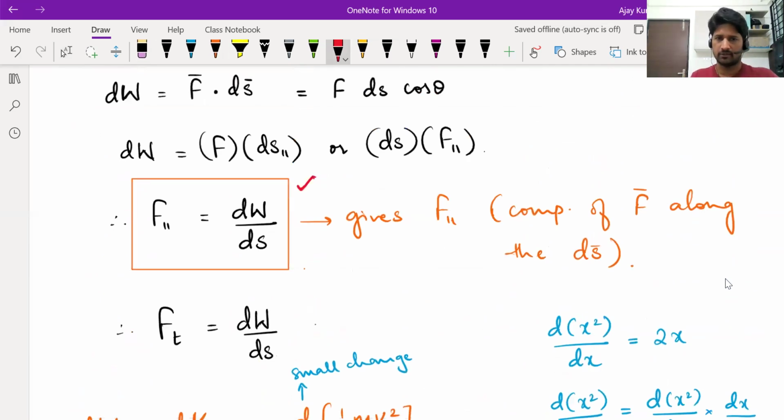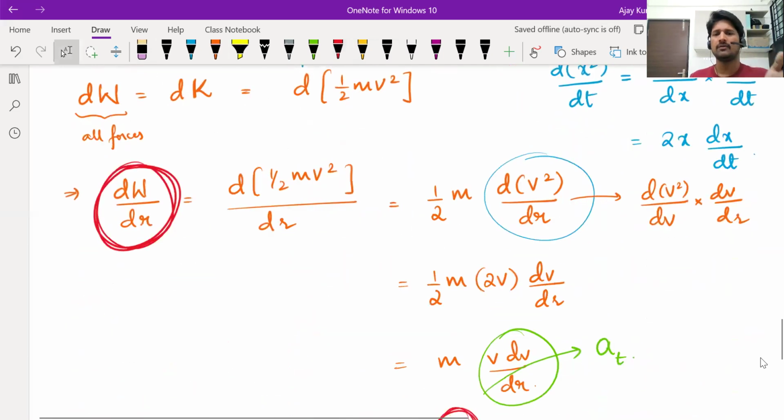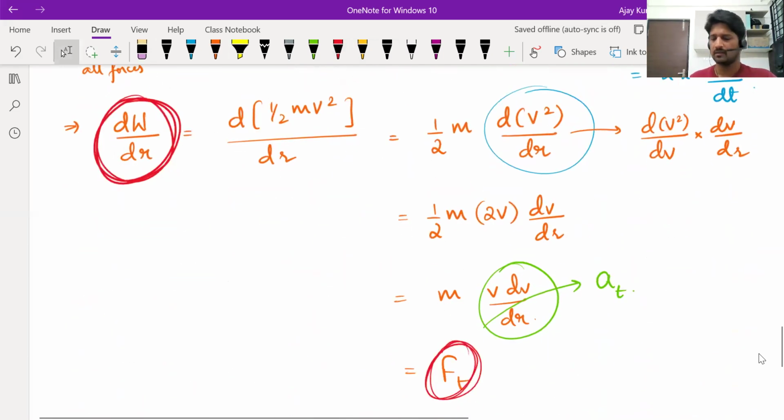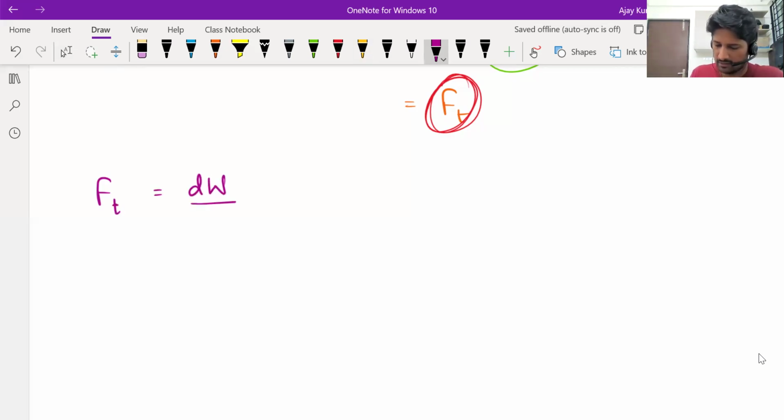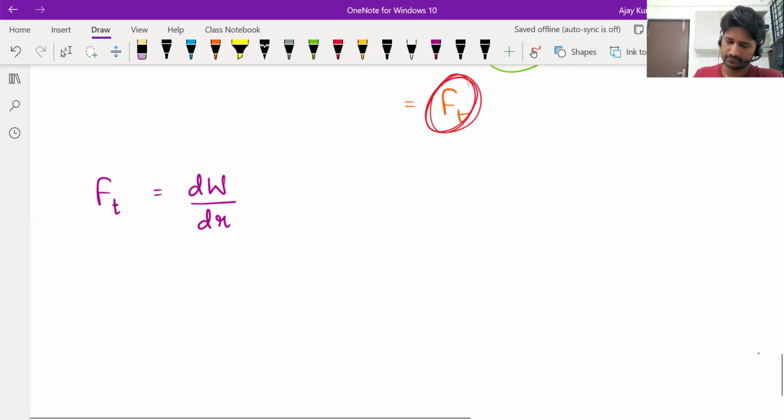From the definition of work we derived. Now we derived it from the work kinetic energy theorem. But the takeaway from this discussion is that the tangential force acting on an object at a particular instant is the derivative of work done on it with respect to displacement or with respect to position. ds and dr are the same. ds stands for small displacement. Small displacement is a small change in position. They are the same. Okay.